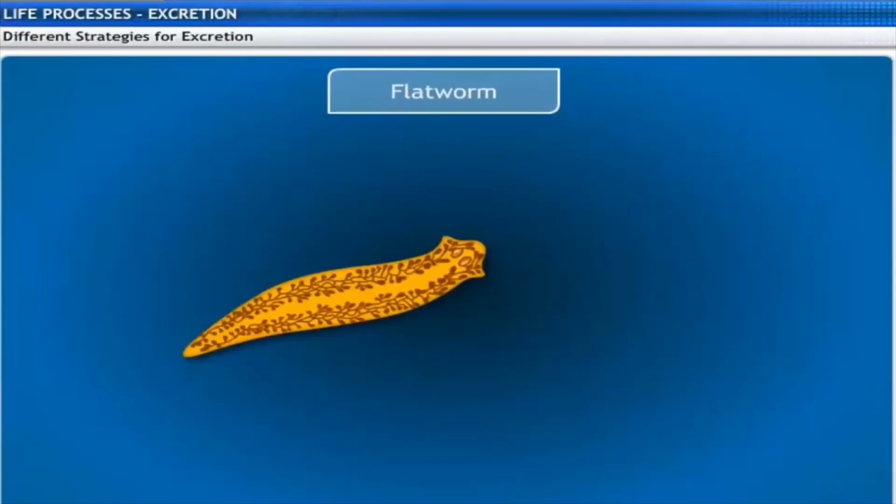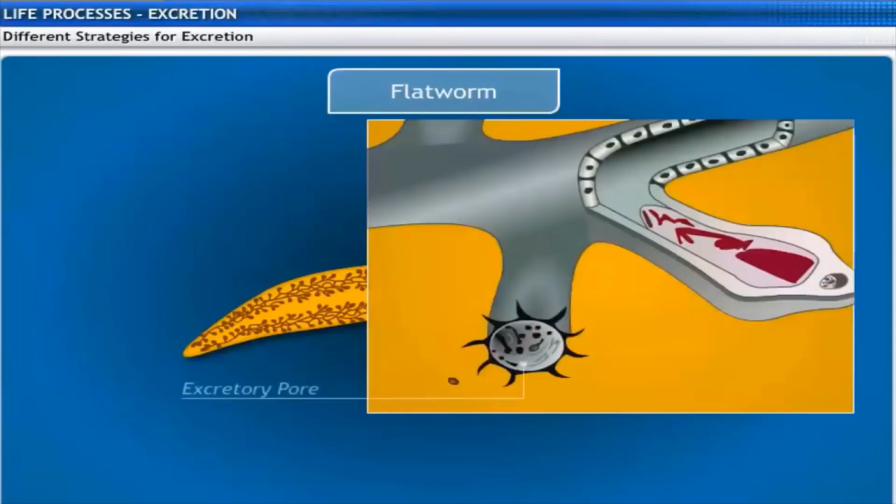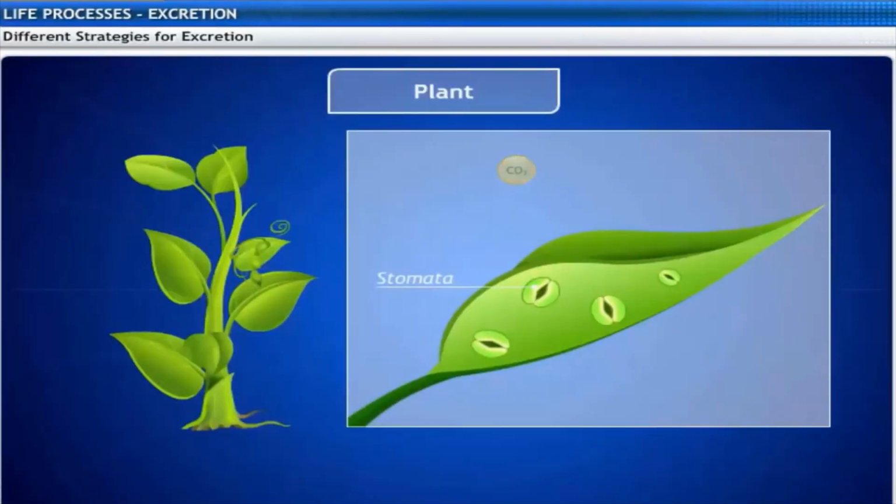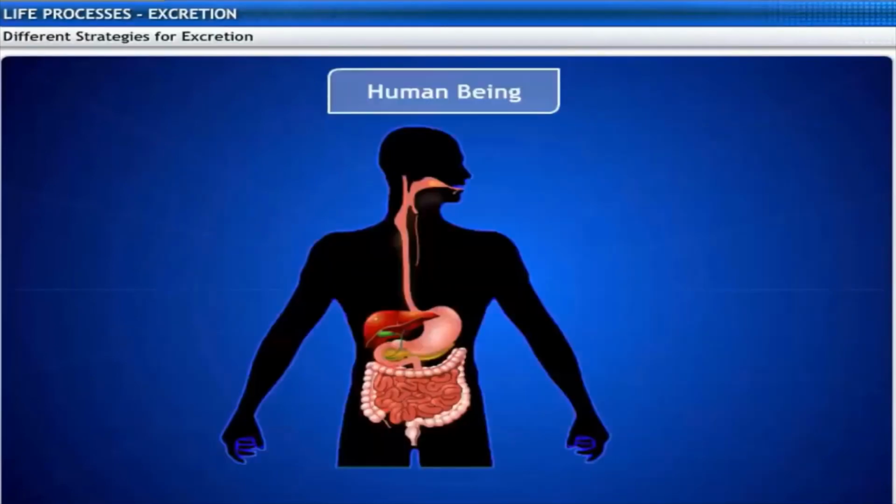Multicellular organisms such as flatworms use specialized organs to perform the same function. Higher plants eliminate gases and excess water through the stomata on the surface of leaves. Human beings have a specialized excretory system for the removal of metabolic wastes.